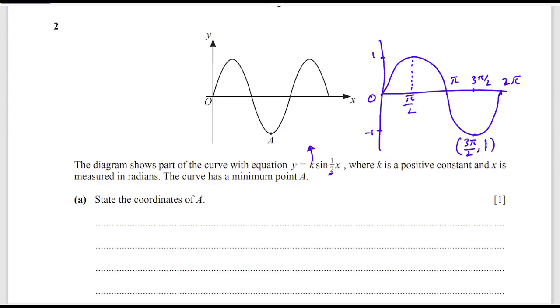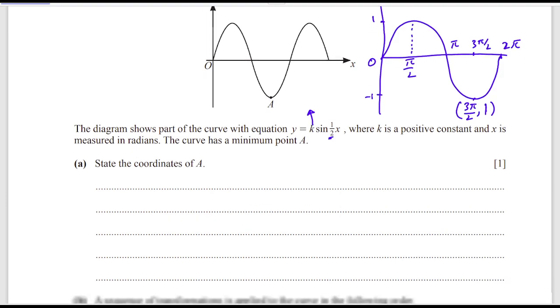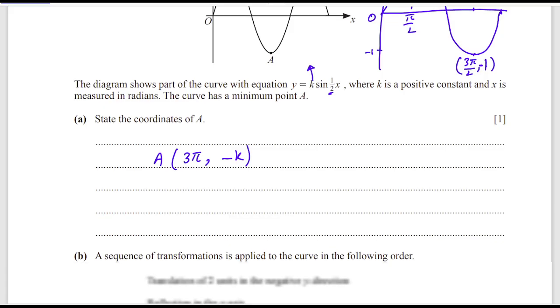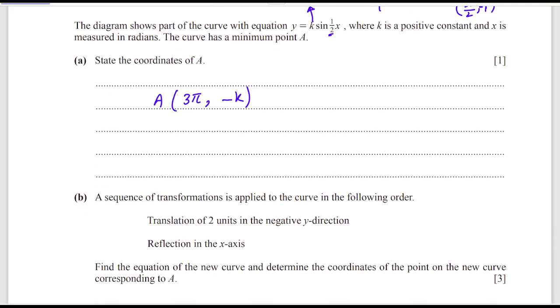Now we have to stretch the x coordinate by a scale factor of 2, so the x coordinate of the minimum point is 3 pi, and the y coordinate, which is minus 1 initially, is stretched by scale factor k. Multiplying by k, we get a new minimum point A: 3 pi, minus k. So these are the coordinates of point A.